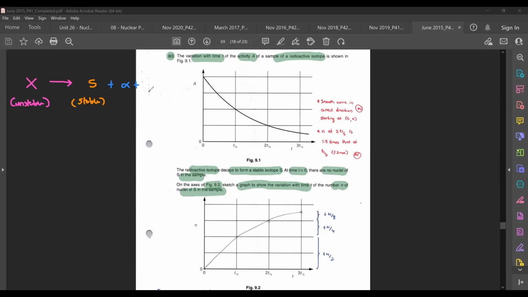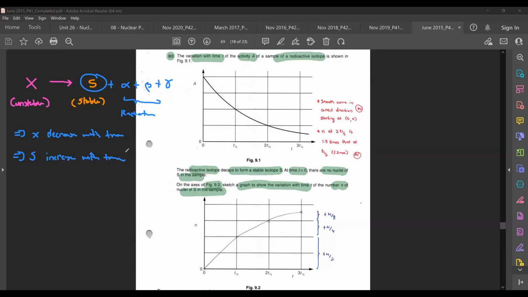You can have alpha, you can have beta, you can have gamma, it doesn't matter. Just know that it's emitting radiation here so that you can get a stable element. Okay, so as I mentioned to you before, X will decrease with time, whereas S will increase with time.